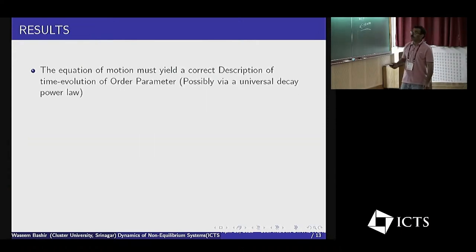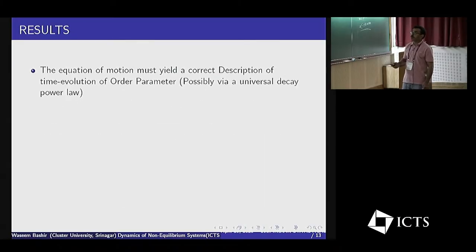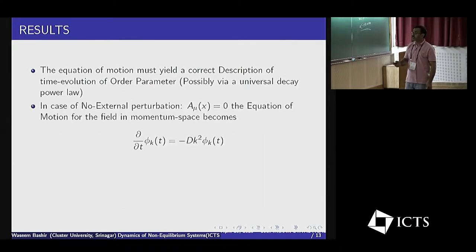Now, whatever the equation is, if this is correct, then it should surely yield the correct description for the order parameter. Once the system goes to equilibrium, it should at least tell us how the order parameter behaves with time. So we took the first case where we didn't take any external perturbation, shown by this gauge field going to 0, and we took the Fourier transform of this.